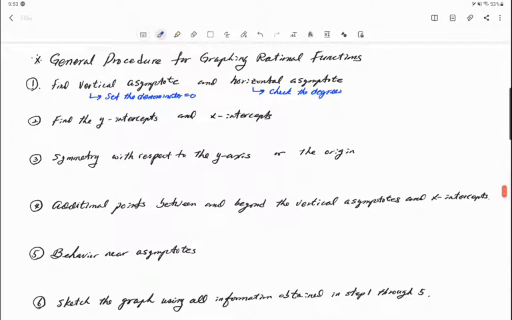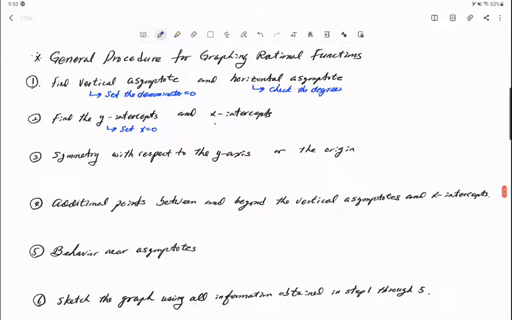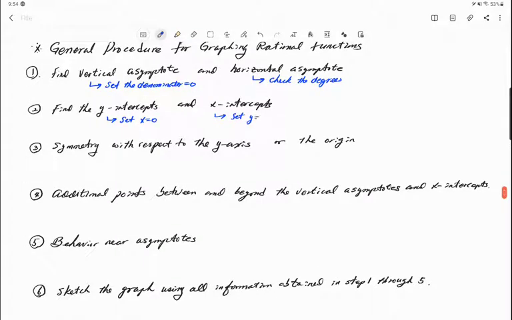Okay, and then find the x-intercept and the y-intercept. How do you find the y-intercept? We just set x equals 0 so that we can find the y value. And how do you find the x-intercept? We want to set y equals 0, so this implies we set the numerator equal to 0, because 0 over x is 0.